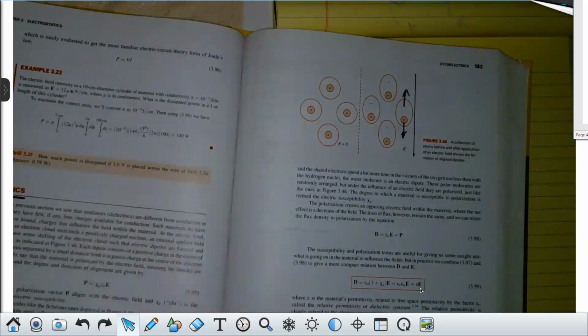And then he's going to say D is equal to epsilon naught times 1 plus chi E, where chi E is the P. So here, the polarization is chi times the electric field, but don't worry about that. The thing you worry about is right there: epsilon relative epsilon naught, or we just call it epsilon, which is epsilon relative times epsilon naught times E.